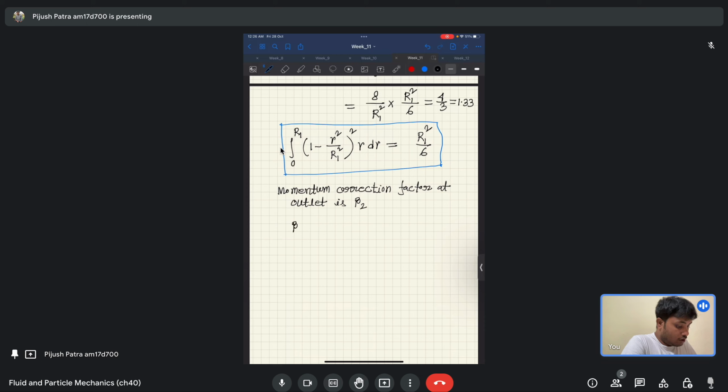So this beta 2 is equal to 1 by pi R2 square into integration 0 to R2.